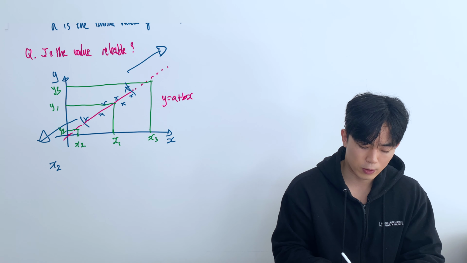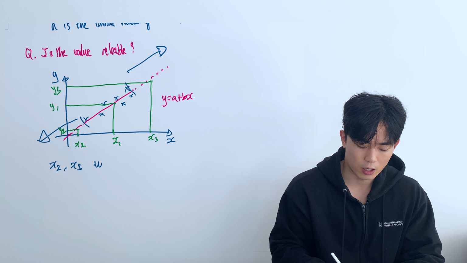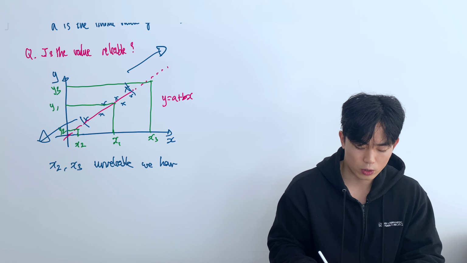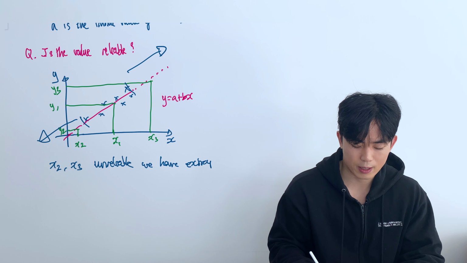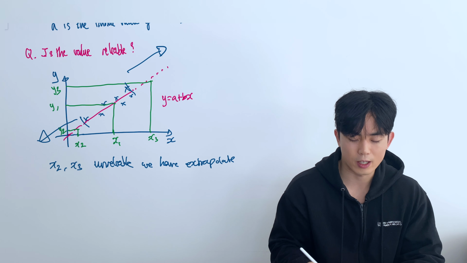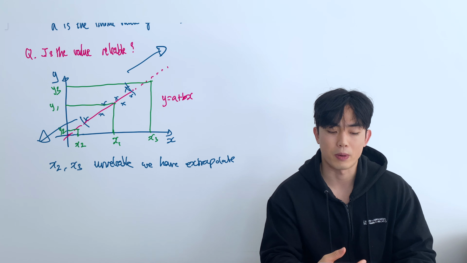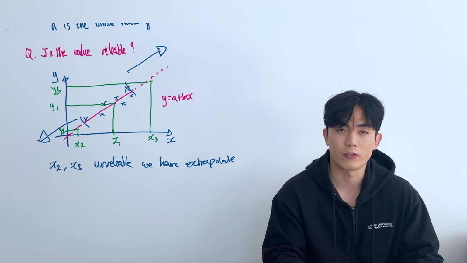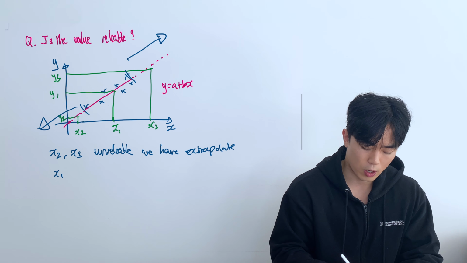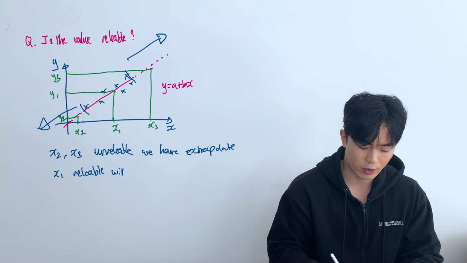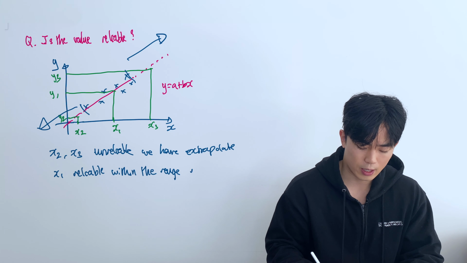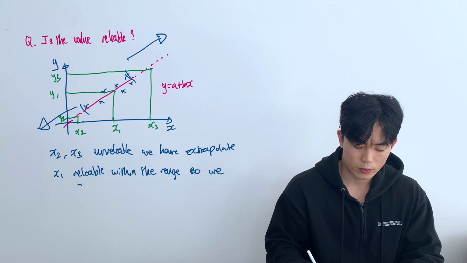So for x2 and x3, these are going to be unreliable, because we have to extrapolate, meaning we have to extend the graph further out and assume that it's a straight line. It might not be a straight line right past these points outside the best fit line. Whereas x1 is going to be reliable because it's within the data set, within the range. And so we can say that we can interpolate.